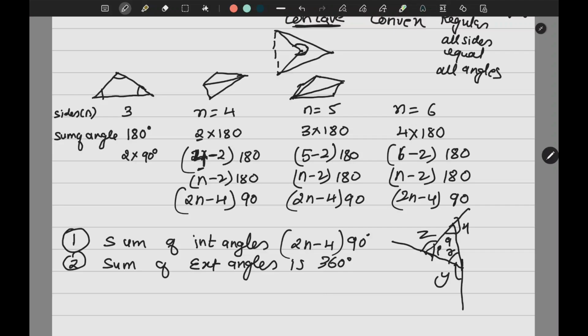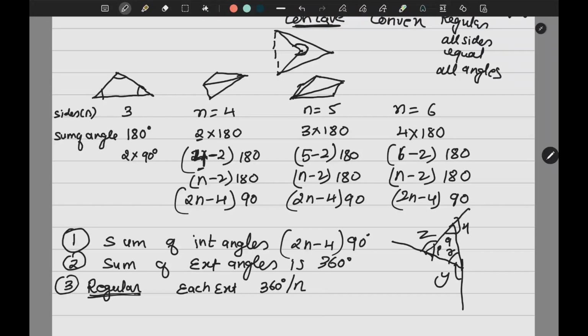After this, if I talk about a regular polygon, now it is for regular. Remember, don't apply it to any polygon. It is only for regular. If a regular polygon is there, then each exterior angle is 360 degrees upon n.